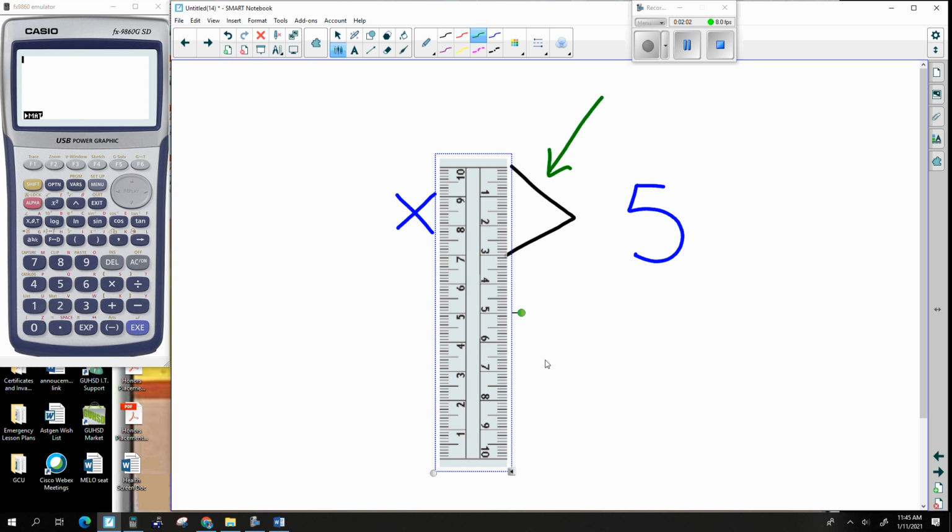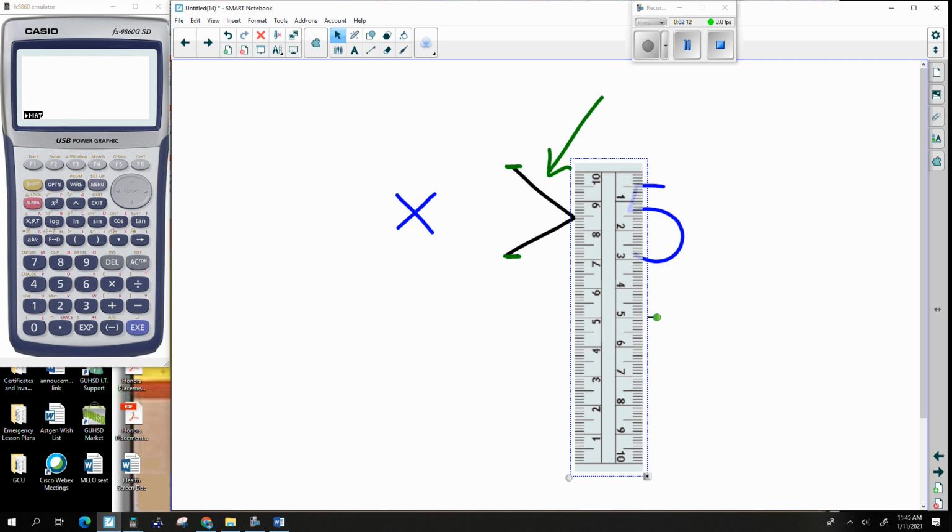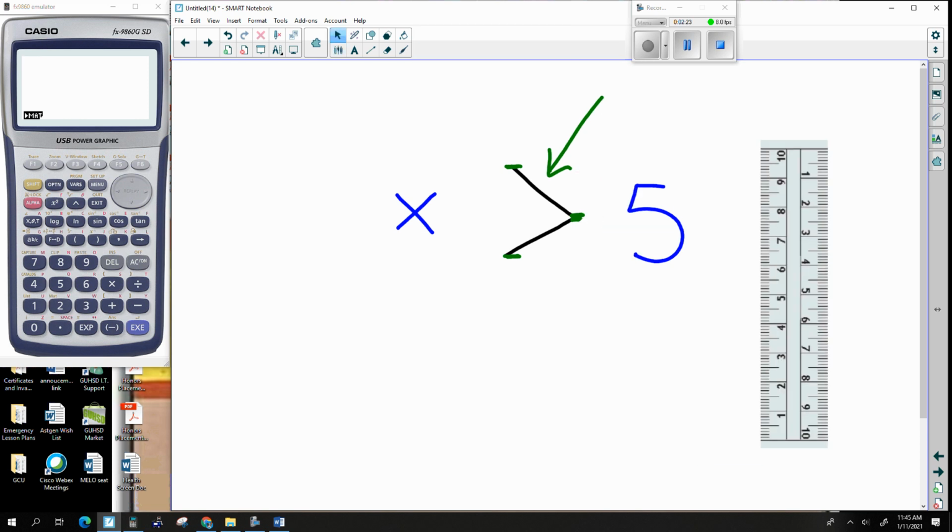I'm measuring the distance between these sticks. The measurement on the left-hand side is really, really big, and on the right-hand side it's really, really small.